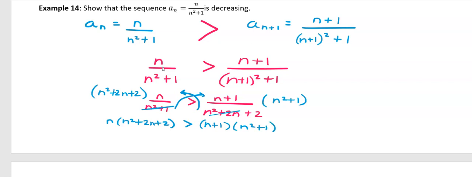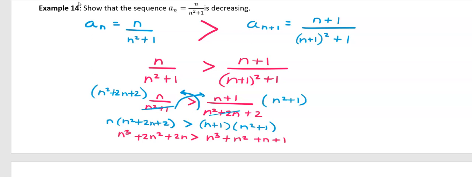Now I'm going to need to distribute on the left and FOIL on the right to see if this simplifies. So I'm going to end up with n cubed plus 2n squared plus 2n on the left, and we're trying to see if that's greater than the right-hand side FOILed out, which is n cubed plus n squared plus n plus 1.